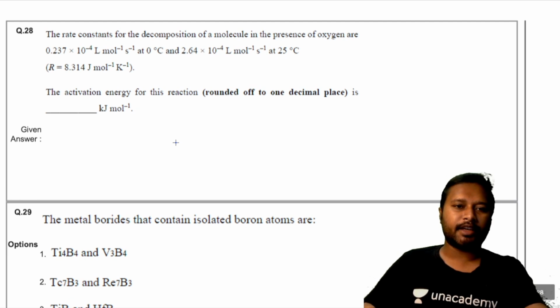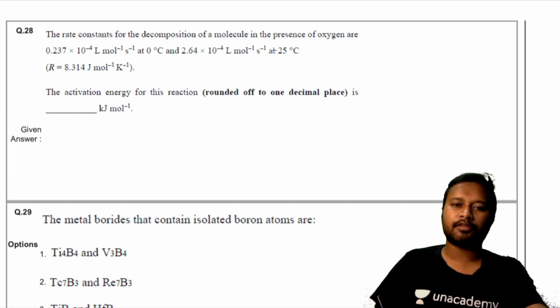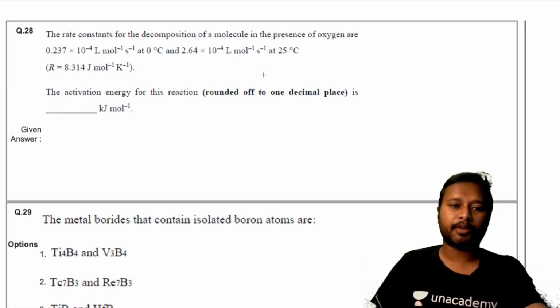The next NAT is based upon your kinetics. It says that the rate constants of the decomposition of a molecule in the presence of oxygen are this and this at two different temperatures. The R value is given to you. The activation energy of this particular step is asked.